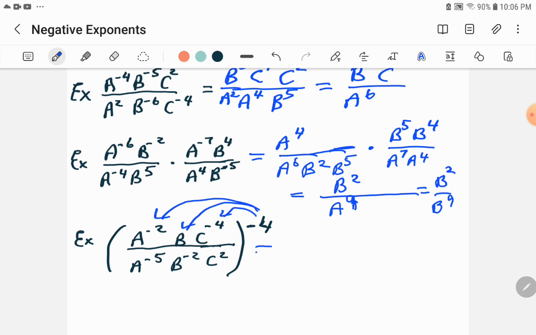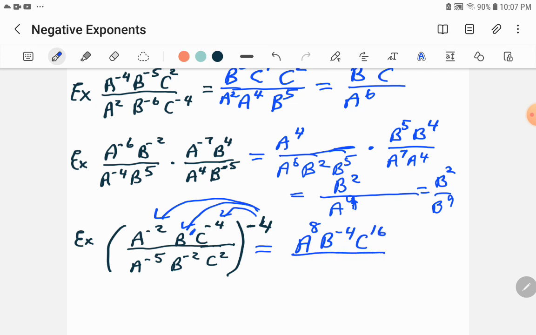So even though I'm not showing it, it also applies to the denominators as well. So here we get minus 4 times 2, that'd be a8. There's an invisible 1 here, so that becomes b to the minus 4. And then c to the minus 4, so minus 4 times minus 4 would be positive 16.